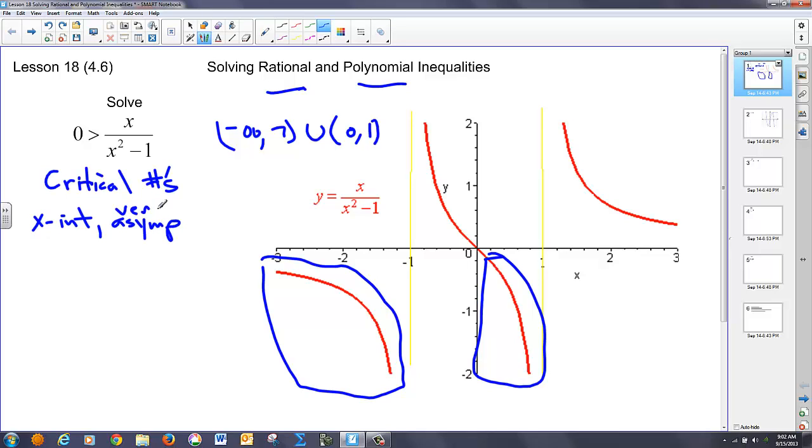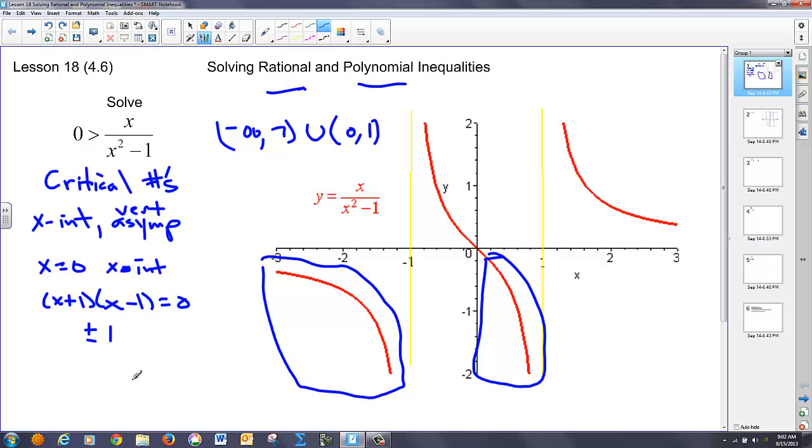And those would be vertical asymptotes. So my x-intercept in this case is x equals 0. And to find my asymptotes, I set x plus 1, x minus 1, which is the factor denominator, equal to 0, and get plus and minus 1.